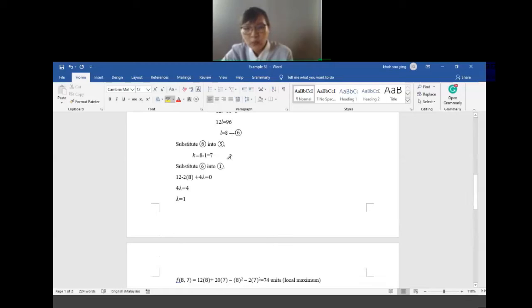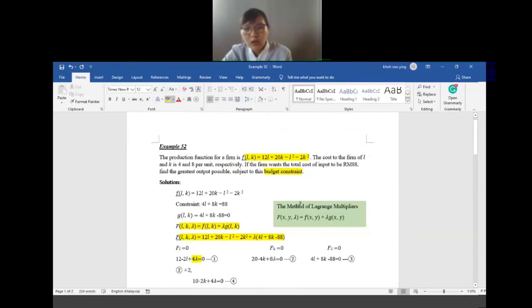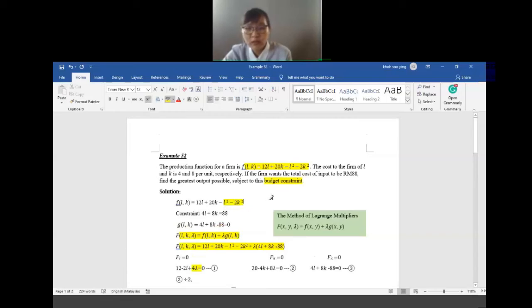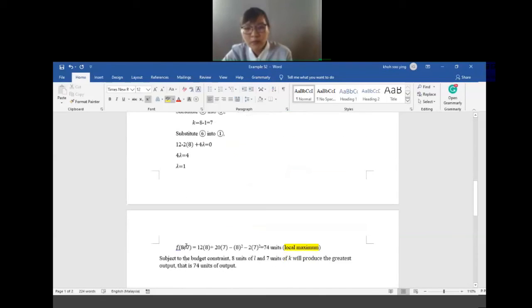And we can tell that this is a local maximum point by simply looking at this equation, as it will tend to negative infinity if L and K increase. So this point will be the local maximum.